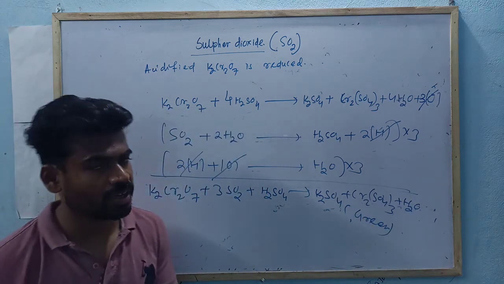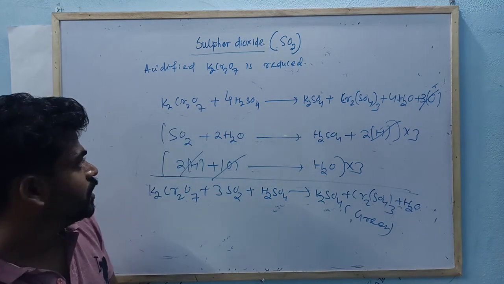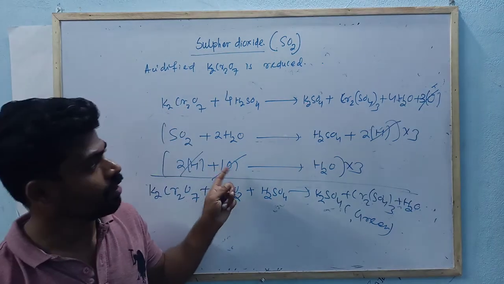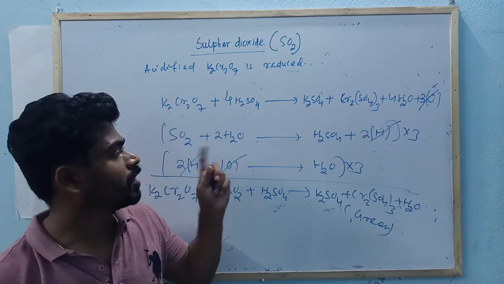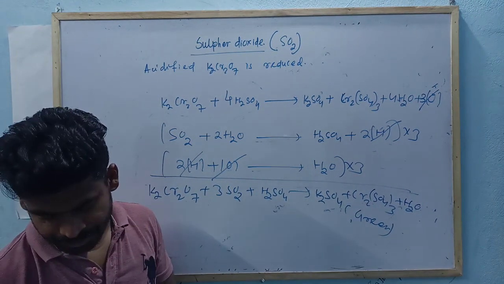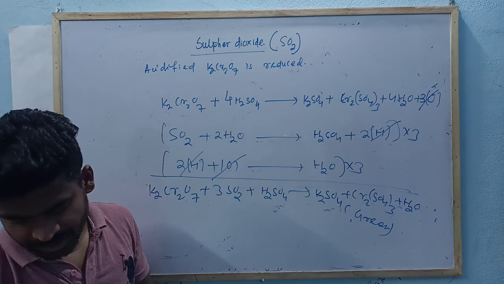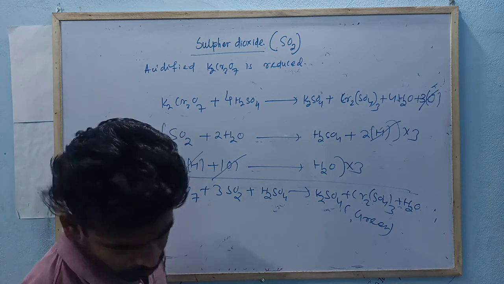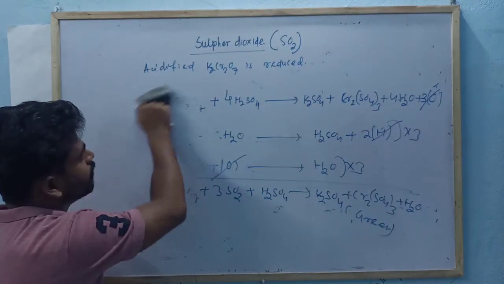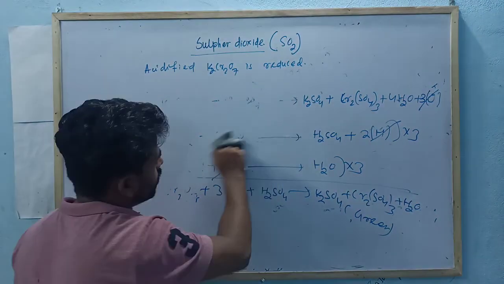Okay, these are 2 important reactions, that is reduction of acidified KMnO4 and reduction of your potassium dichromate. Okay, it also reduces your ferric sulfate into ferrous sulfate.